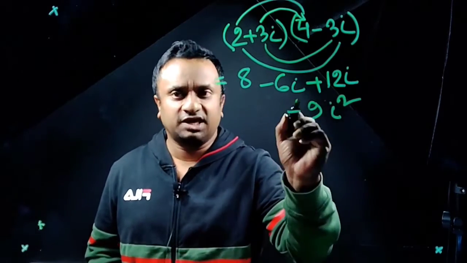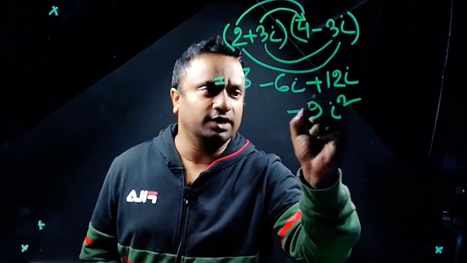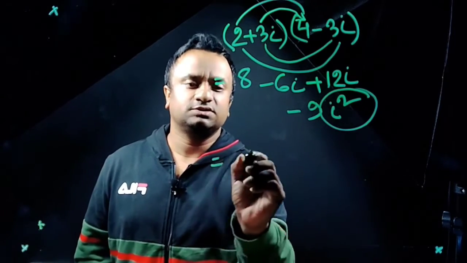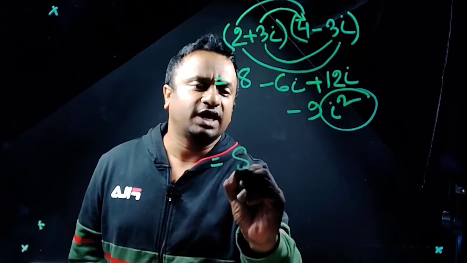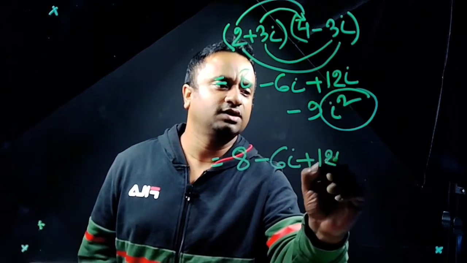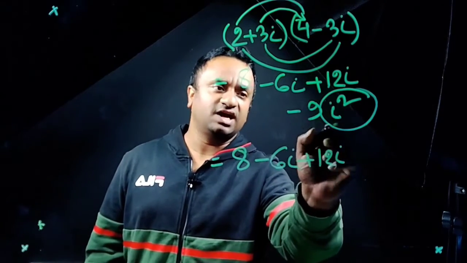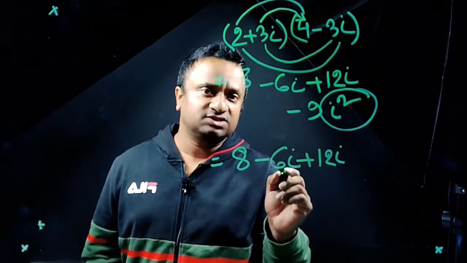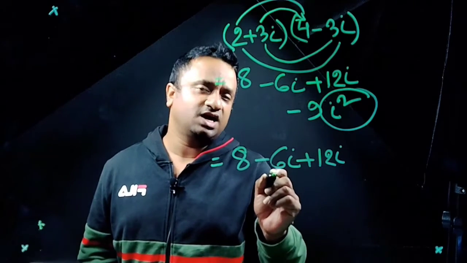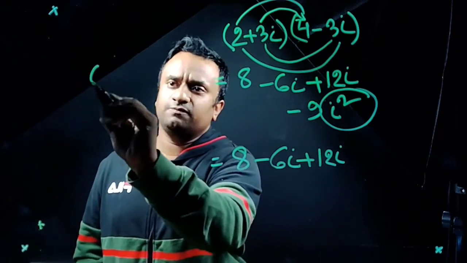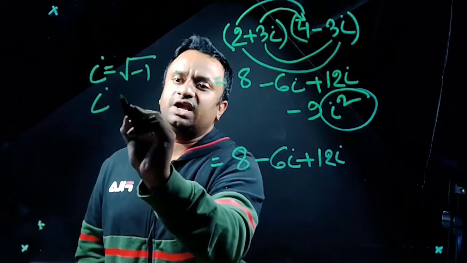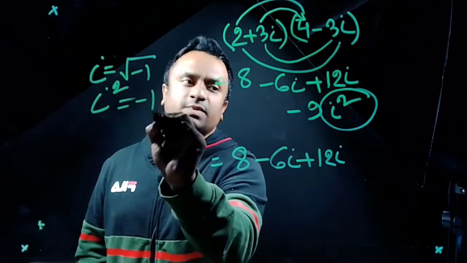Now please take care of the term i square. Just see what I do. It's 8 minus 6i plus 12i, and then minus 9i square. Remember, i square equals minus 1. We assumed i equals square root of negative 1, and hence i square equals minus 1.